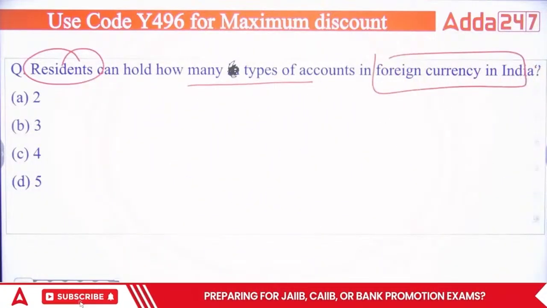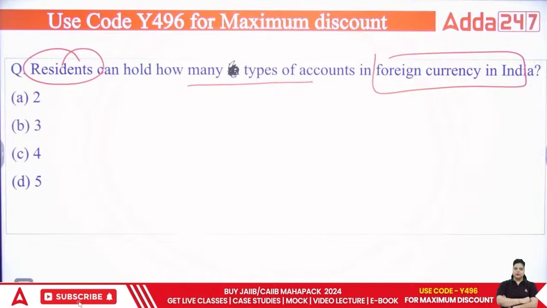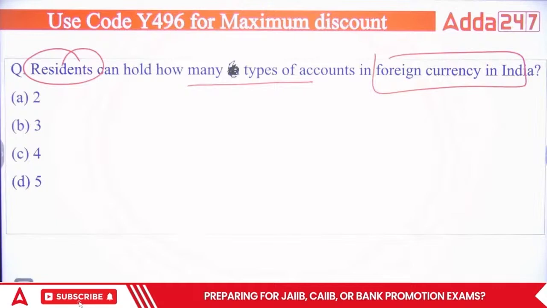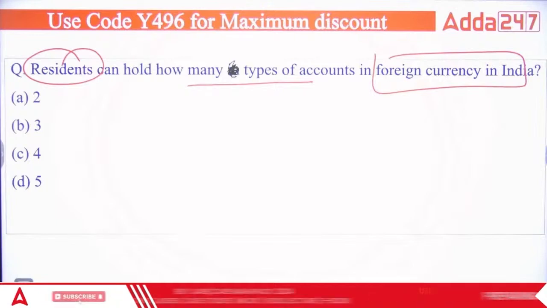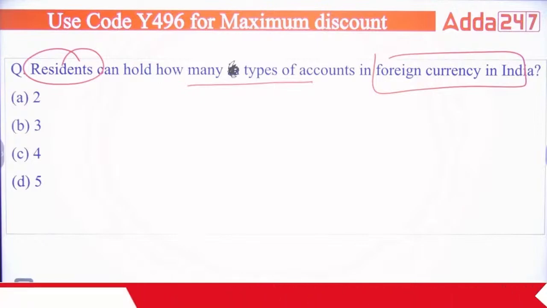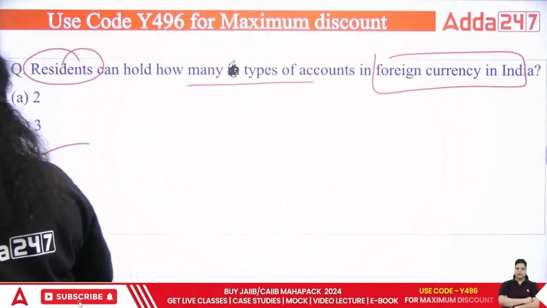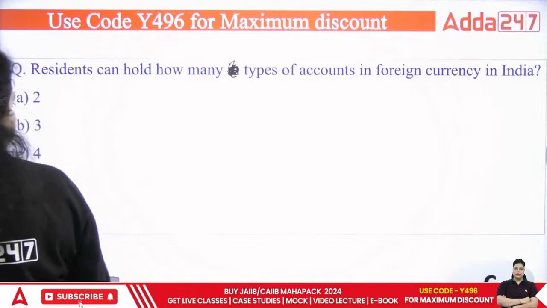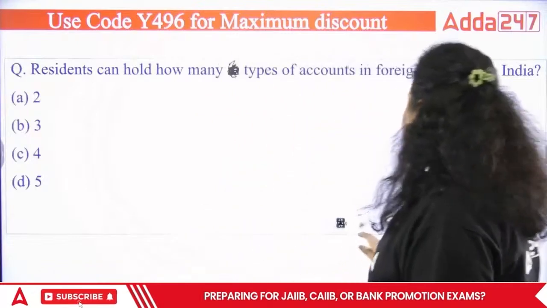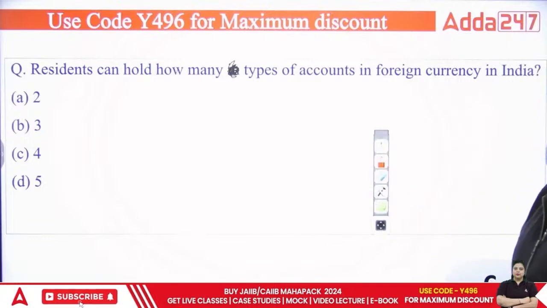Options are 2, 3, 4 or 5. The right answer will be 4. It means 4 accounts can be opened by residents in foreign currency in India. So the right answer will be C. Do remember that there are 4 such accounts.